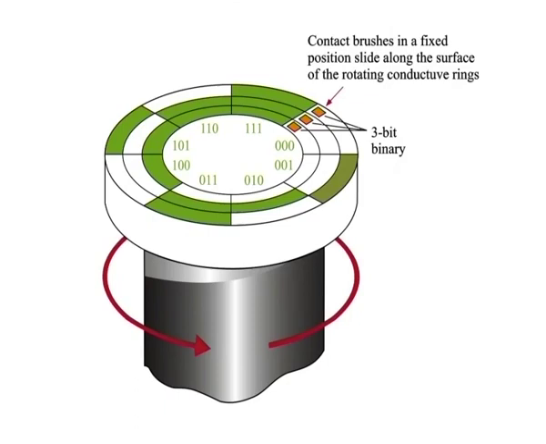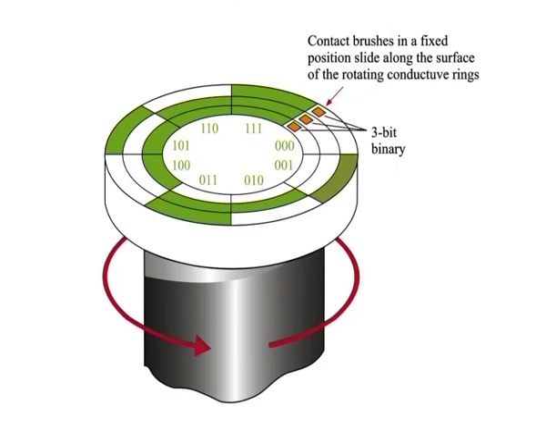The sectors are arranged in a straight binary pattern so that the brushes go from 000 to 001 to 010 to 011 and so on. When the brushes are on colored sectors, they output a 1, and when on white sectors, they output a 0.